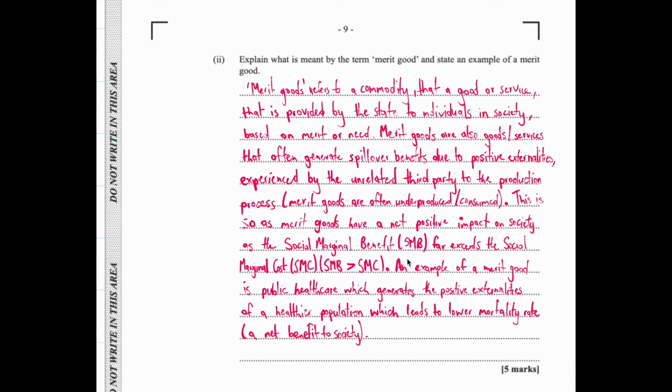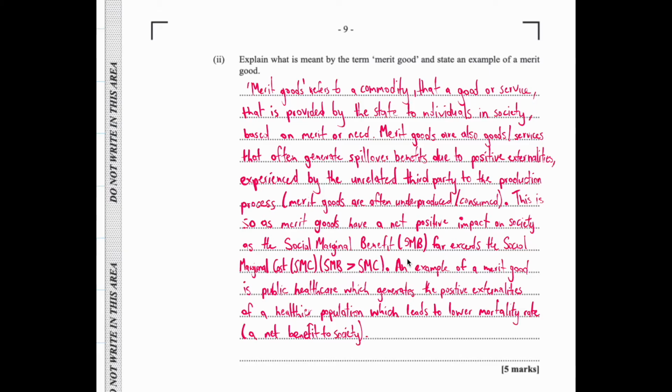So these merit goods are things like healthcare, education, things that have very good overall net benefit and welfare to society, but they're often underproduced and underconsumed because most times they are produced by private individuals, and obviously they have the profit motive, and people would be restricted by the high prices.